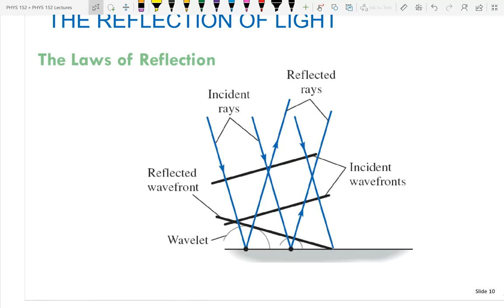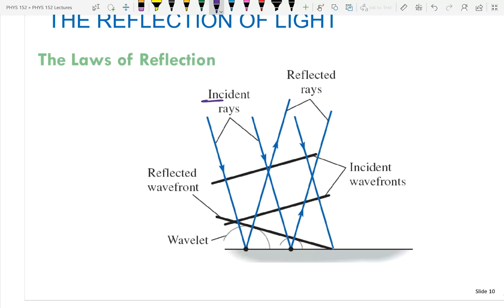When light comes down and hits a surface, we have what we call the incident rays. Incident means coming in. So an incident ray is a ray of light coming in to hit a surface. And I said earlier in the lecture, when light hits a surface, it can reflect, or it can be absorbed, or it can be transmitted. Right now, we're going to focus on reflections.